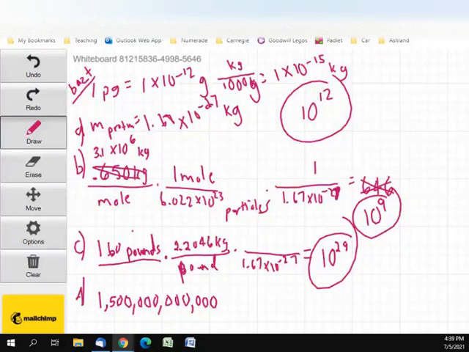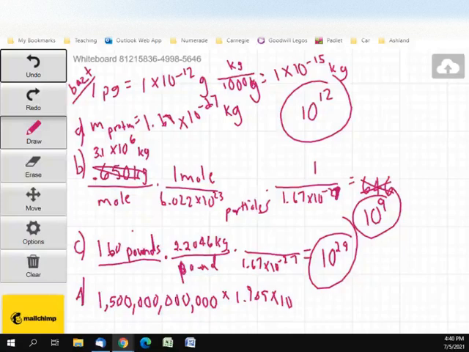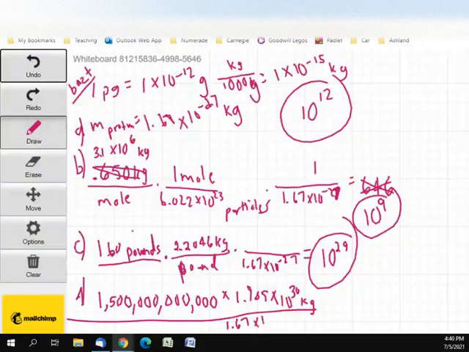But what's the mass of the sun? Times 1.989 times 10 to the 30th power. And then we just have to divide that by the 1.67 times 10 to the negative 27th power.